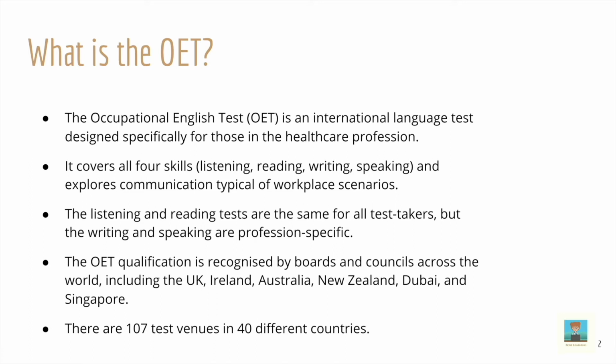So whereas the IELTS focuses on academic skills and looks at seeing how well people perform in an academic or general English setting, this time you're looking specifically at how well you perform in healthcare professional settings. That is exactly what you do every day in your jobs, but this time we're focusing on how you do it in an English-speaking setting.